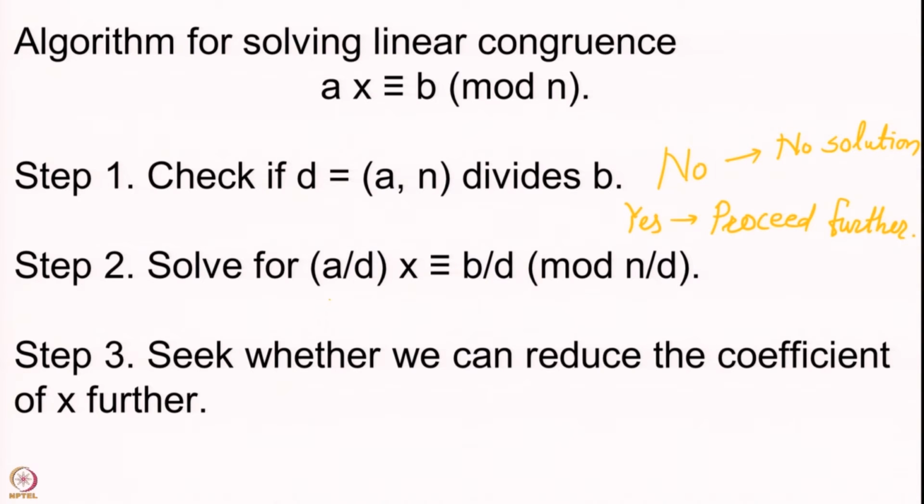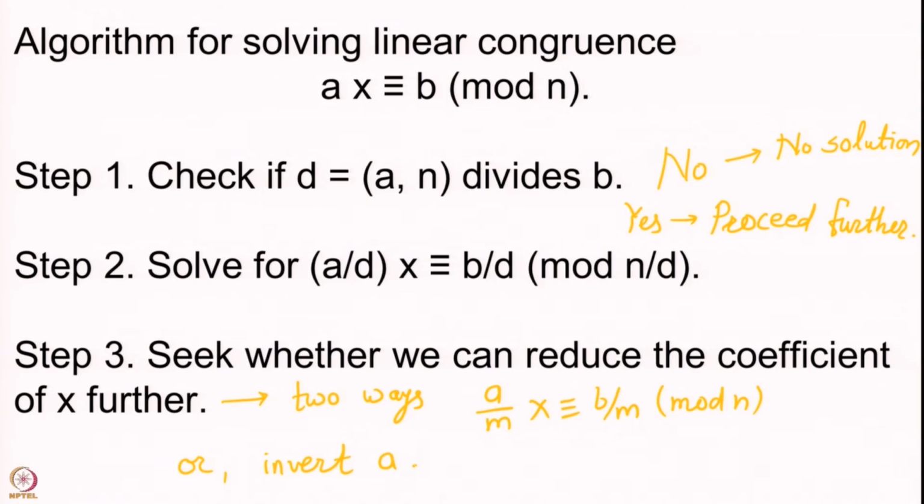Then you solve for A prime x congruent to B prime mod n prime, and this can be done in 2 ways: A by m x congruent to B by m mod n, or invert A. And these are the steps of the algorithm which will definitely help you solving any linear congruence, provided of course that there is a solution.